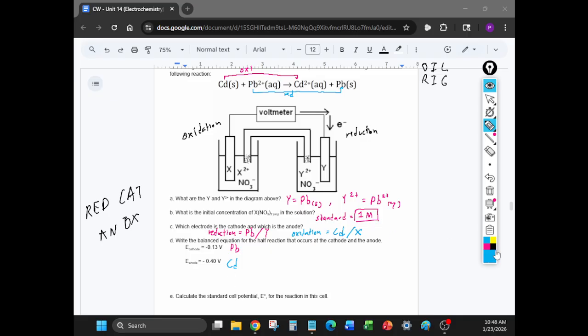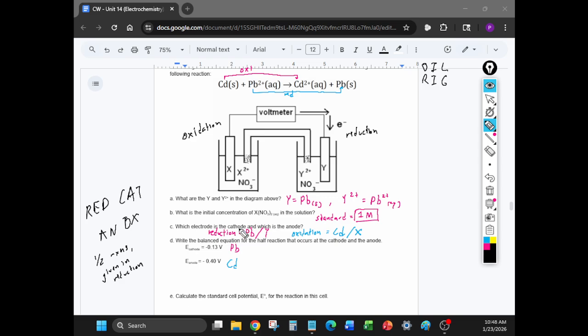Now, the key thing to remember here is that half reactions, you might want to jot this down if you forgot, half reactions are always given in reduction. So that means that for both of these, we need to make sure that we are writing it in terms of reduction.